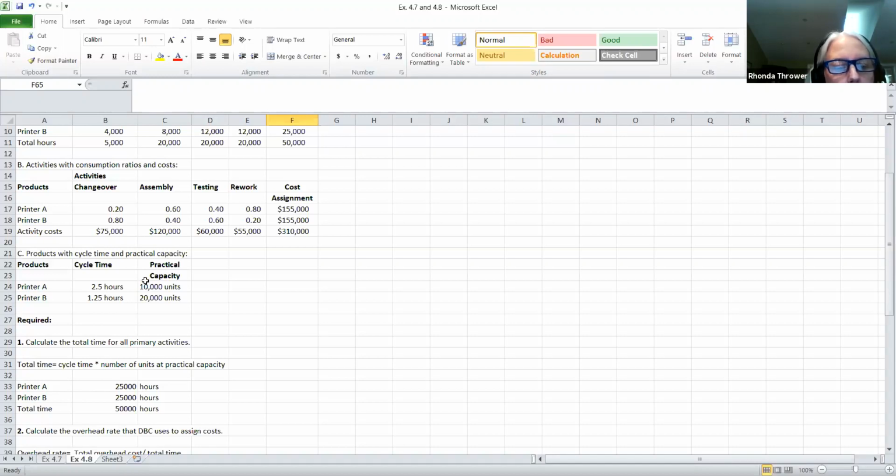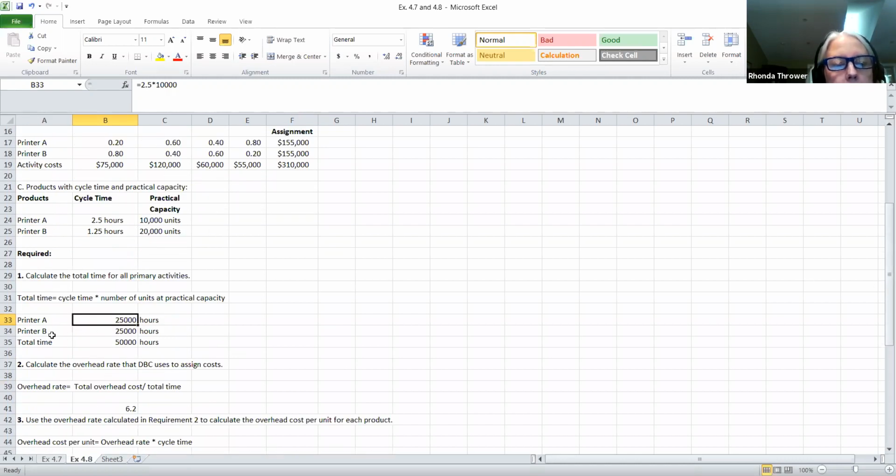That's the number of units that we could expect to be able to produce of printer A. So 2.5 times 10,000 practical capacity units of printer A means that printer A's total time is going to be 25,000. So we're calculating the total time for all of our activities.